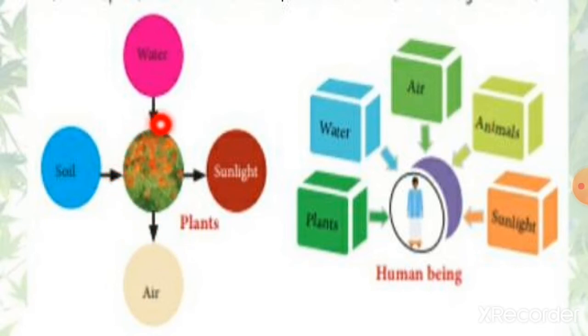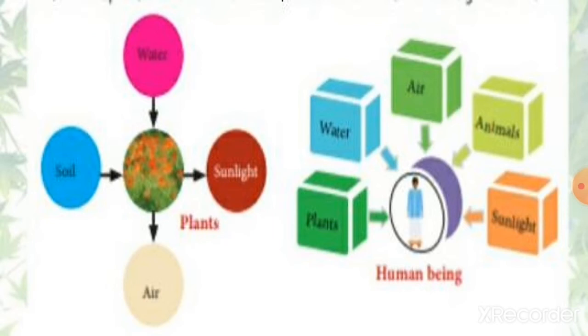Soil, water, sunlight, and air are abiotic components, but plants need all these abiotic factors for their growth.